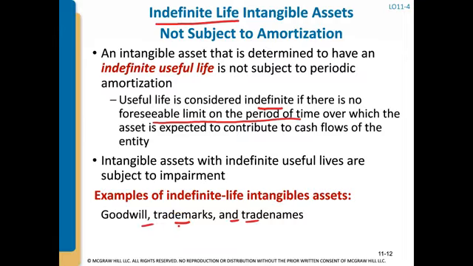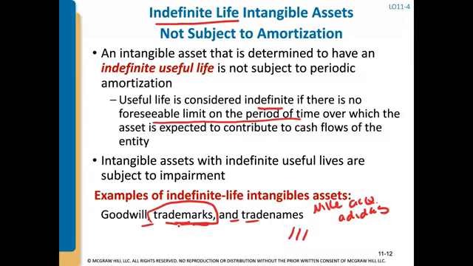So let's just pretend that Nike acquired Adidas. And so then they capitalize the trademark, you know, those three little lines that Adidas has on all their shoes and stuff. They acquire that trademark and they capitalize it. What's the useful life of that? It's indefinite. We don't know.